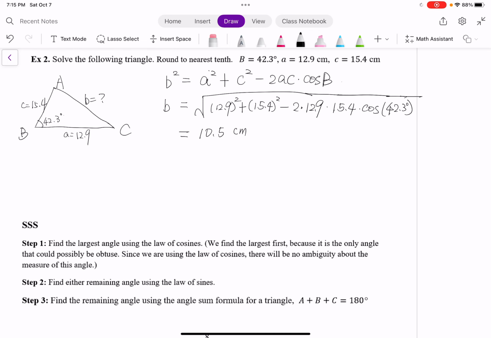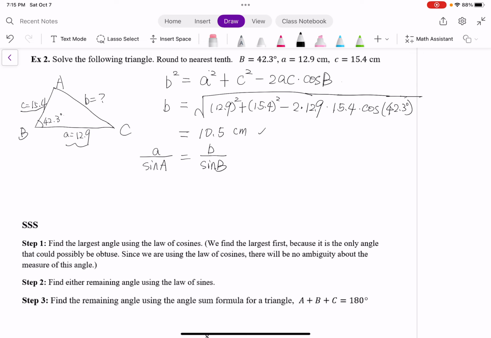And what is the next? I'm using the law of sines to find the angle opposite the shorter side. So a and c, which is shorter? a is shorter, so I'm listing the law of sines. a over sine A equals b over sine B. So we found the b here, lowercase b, and also the uppercase B, the angle, is given.